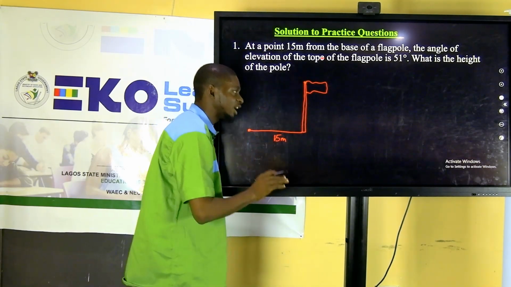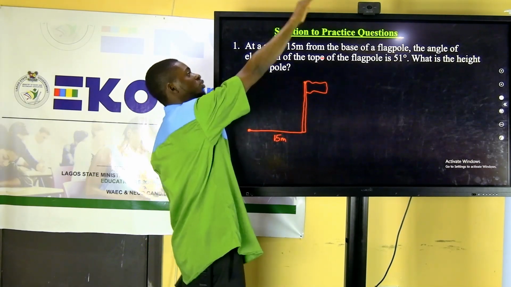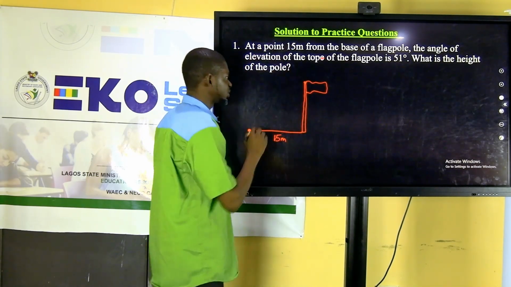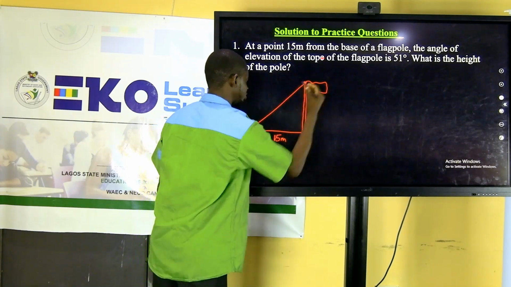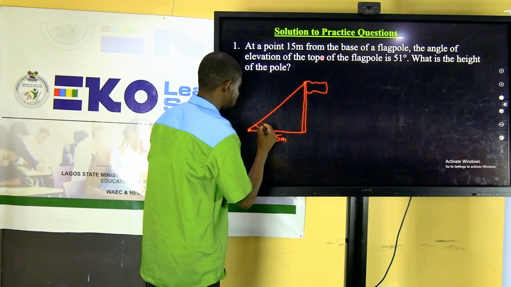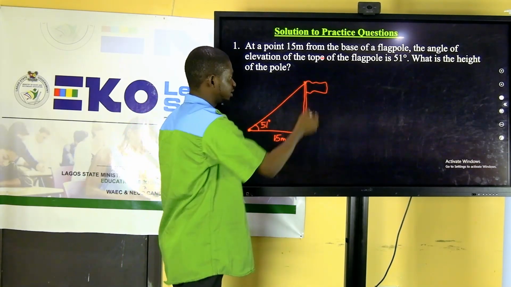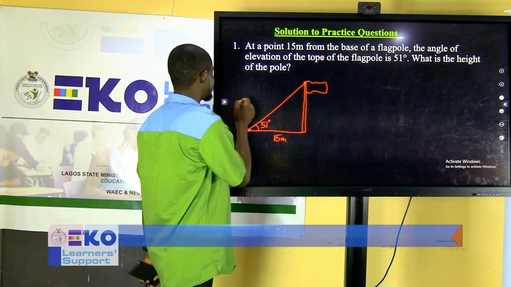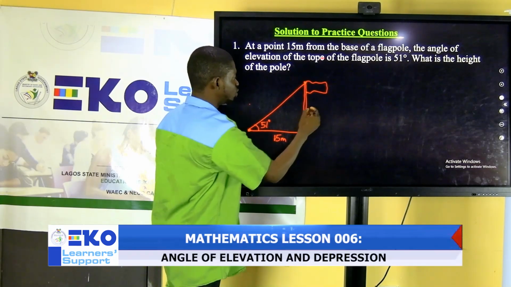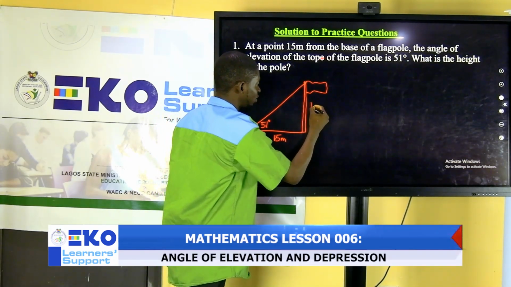Elevation, remember, is from the horizontal line of sight to the upper part where the object is placed. So this is where your angle will be, and that is 51 degrees. What is the height of this flagpole? Remember, we use this angle of elevation to determine the height or the distance.